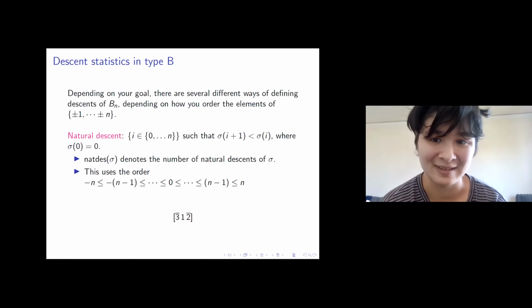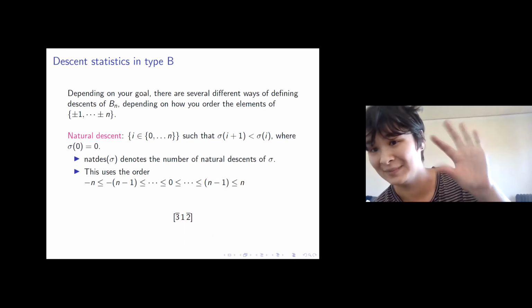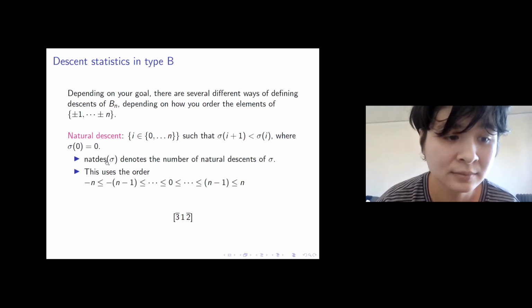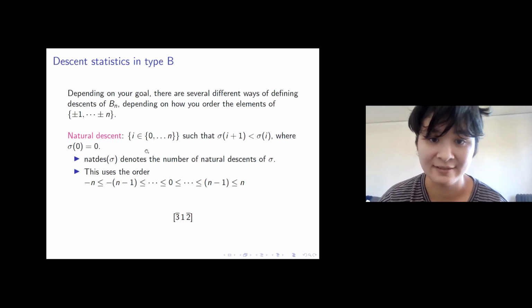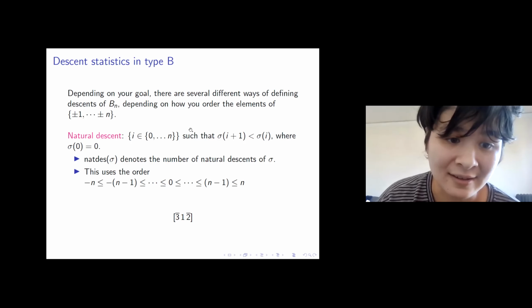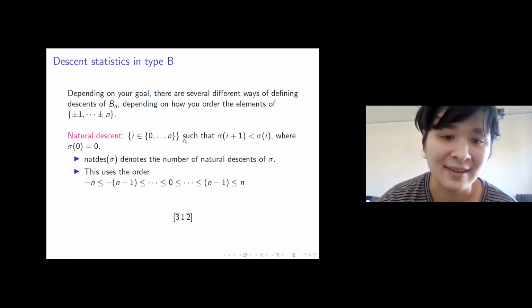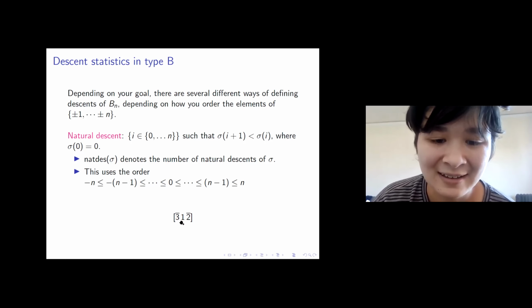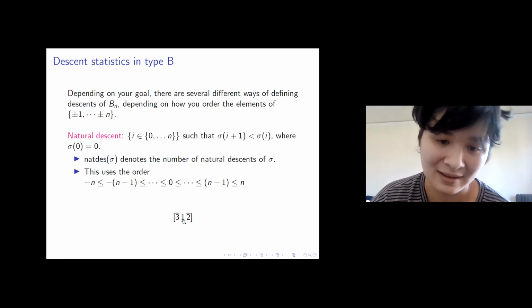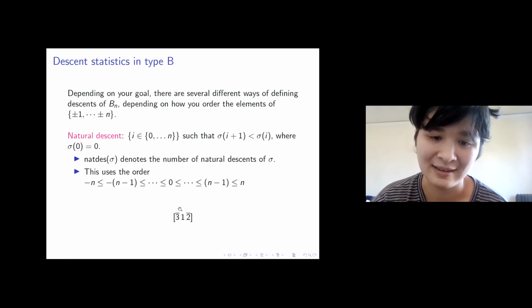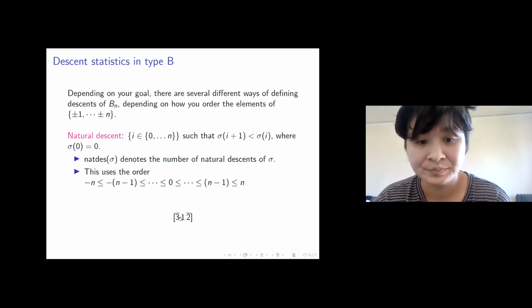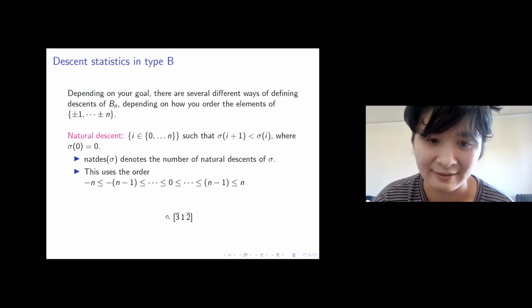You can think of that as the permutation group, but some of the elements have a negative sign attached. The one we're using here is called the natural descent. The natural descent statistic gives you the number of times that the ith element is smaller than the element before it, the i-1 element. And we're going to say that the 0 element is 0.